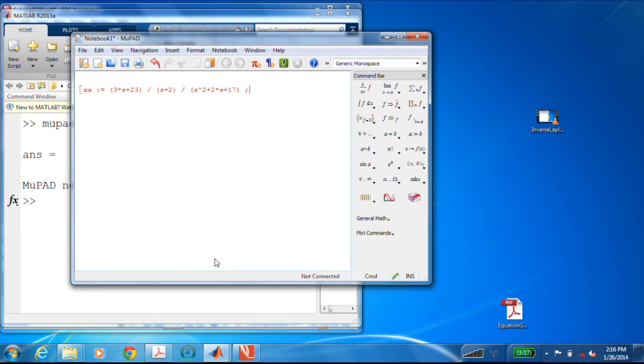I believe that's the whole thing. And just do another visual inspection of that, and it looks right.